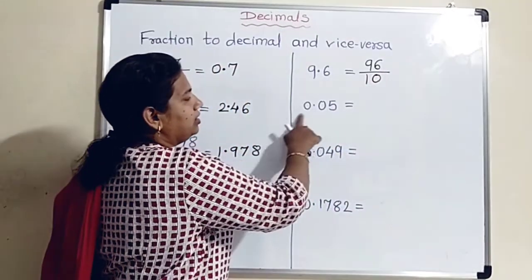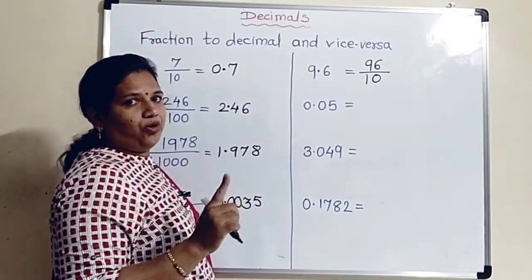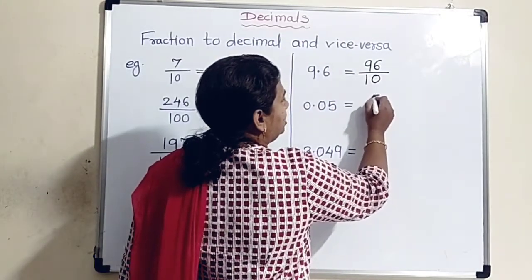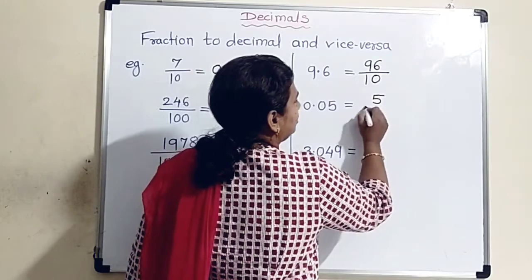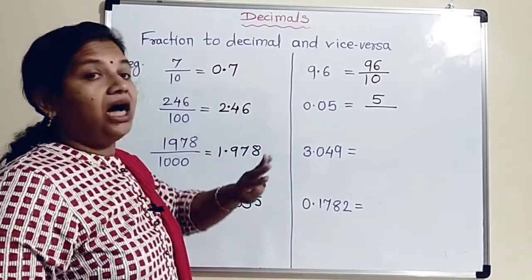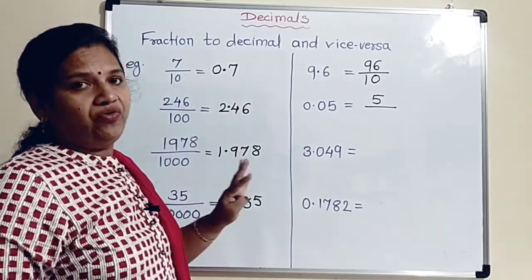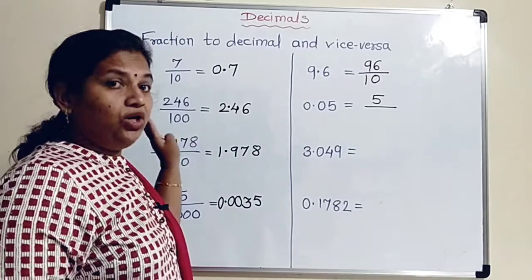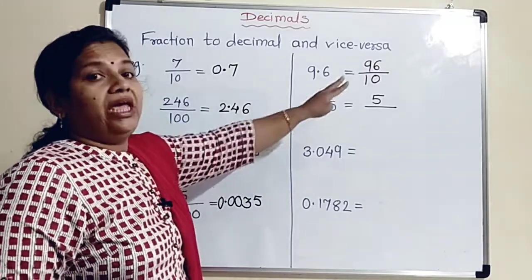Here again, ignoring the decimal point, write the number in the numerator. Here there are zeros to the left of 5, they have no value. If there are only zeros on the left side, they have no value.